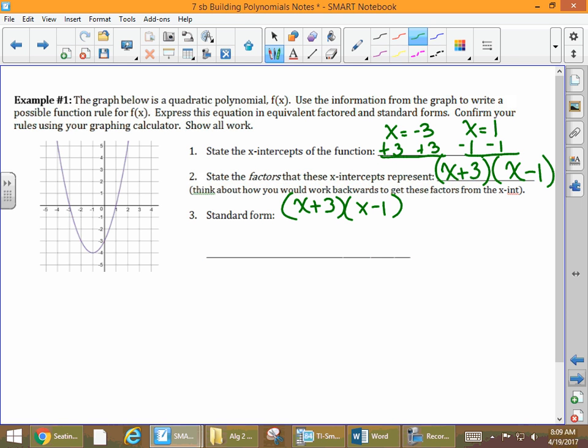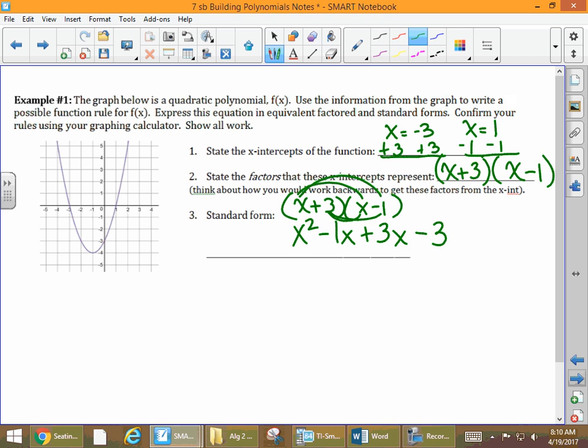But if we multiply this, x times x is x squared. x times negative 1 is negative 1x. No, you don't have to write the 1, but sometimes it's out of sight, out of mind. 3 times x, and then 3 times negative 1 is negative 3. First, outer, inner, last, if you like the FOIL method.